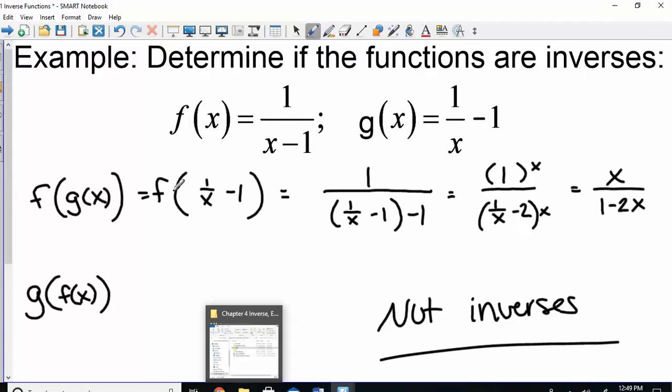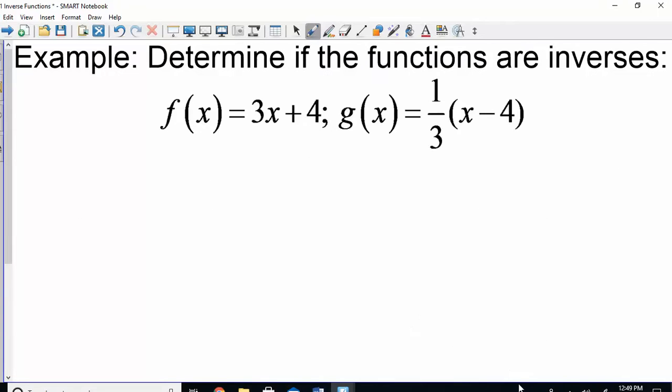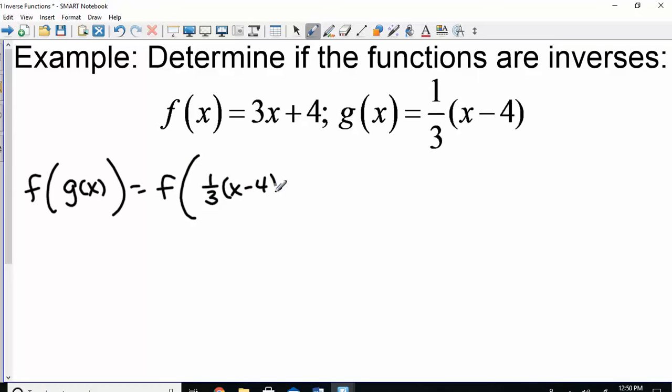So I would like for you guys to do the next one. Check if these are inverses. So F composed with G. Okay, when you plug this in, you're replacing your X with this 1/3 times X minus 4.